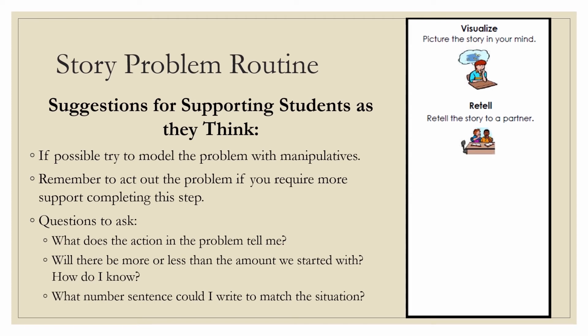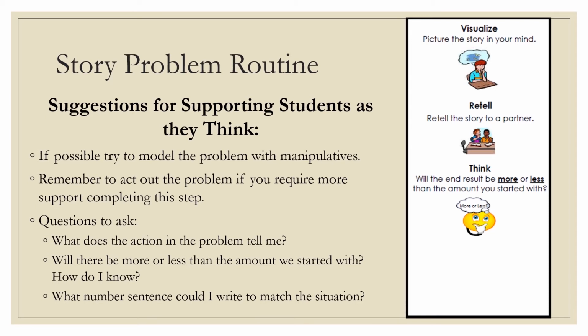The third step of the story problem routine is to think. Will the end result be more or less than the amount you started with? That's one possible question you can ask yourself. When possible, try to model your problem with manipulatives. If you have counters, number lines, any sort of diagram that you can use to help you model the problem will be helpful.